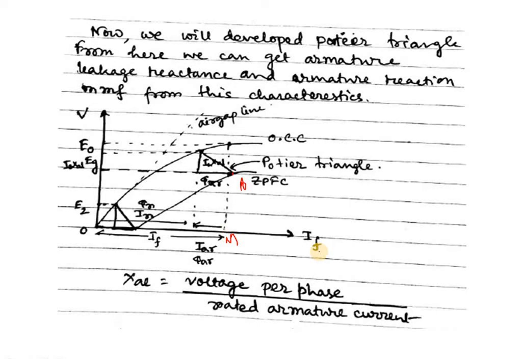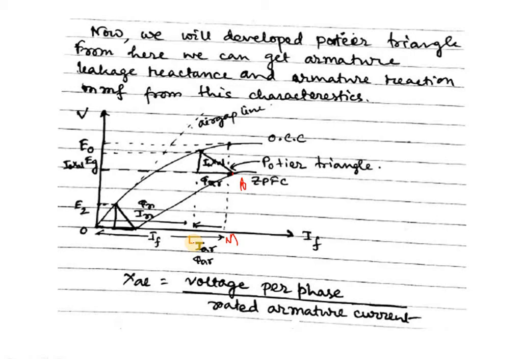Now ON equals IF equals AF by TF. If this is the condition of operation, the armature reaction MMF has a value expressed in equivalent current, that is IAR equals FAR by TF. Here this is AF.